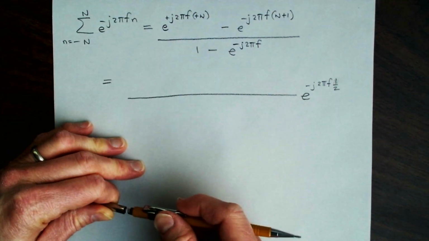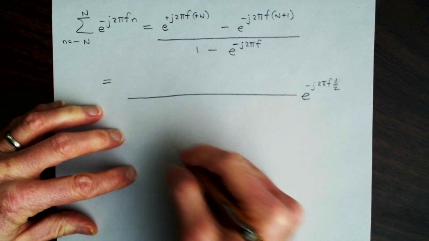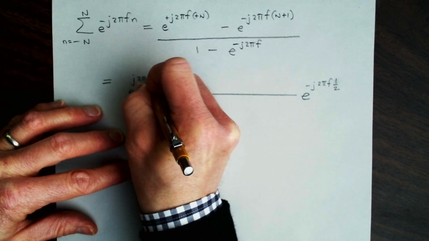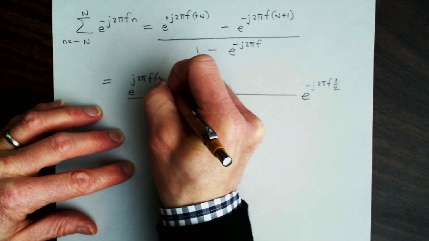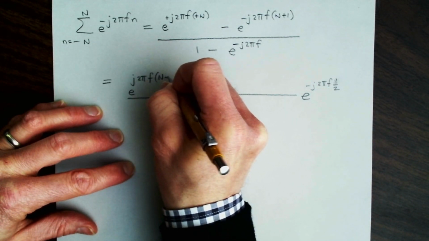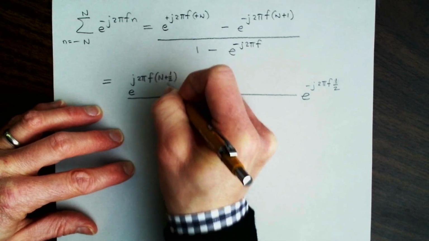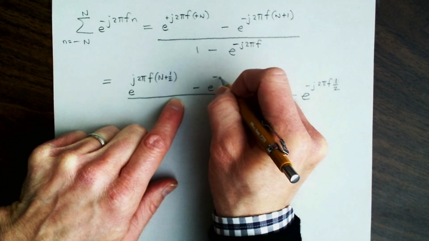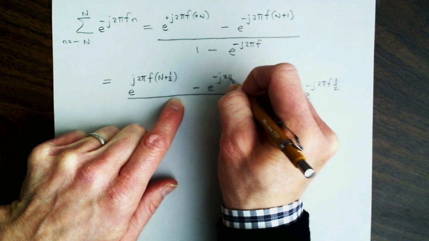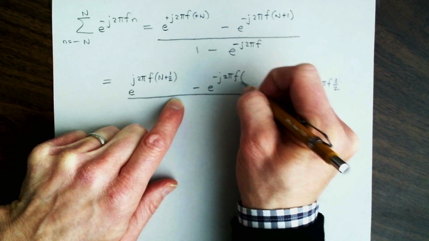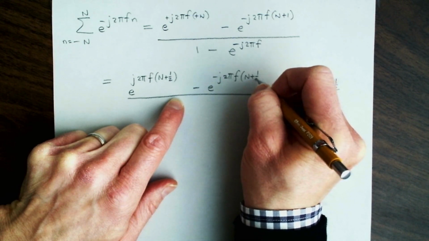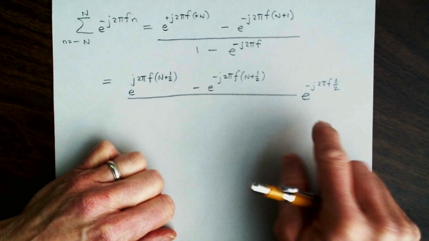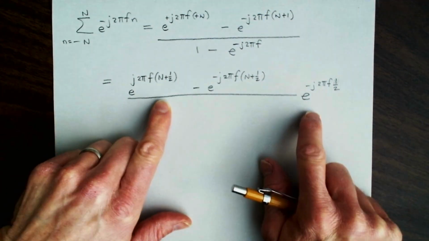Let's see what is left after we do the factorization. So we'll have e to the j 2 pi f (n plus 1/2), and then we'll have minus e to the minus j 2 pi f (n plus 1/2). We better check that to make sure that we can recover what we started with.